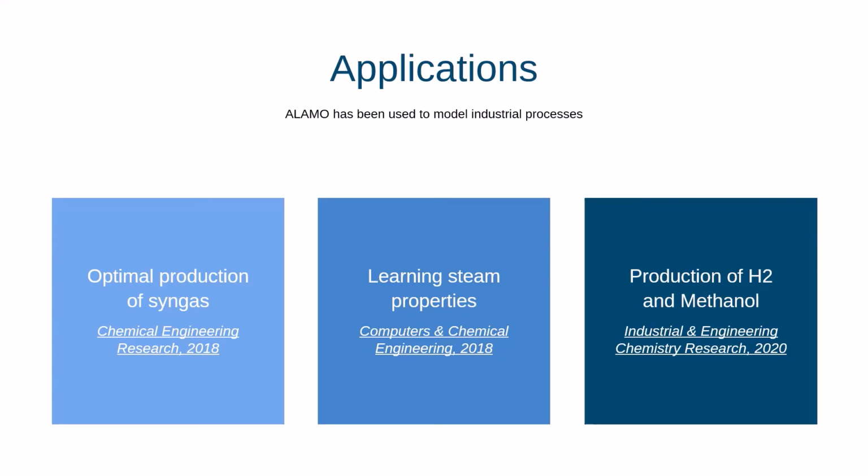Alamo has been used for building surrogate models for gasifiers, for learning correlations, for fin-tube bundle heat exchangers, and for learning steam properties. Alamo has also been used in optimal production of syngas and for the production of hydrogen and methanol. The Alamo algorithm has been implemented by the company PSC in their popular simulation software called gProms. However, their implementation does not possess constraint regression capabilities.